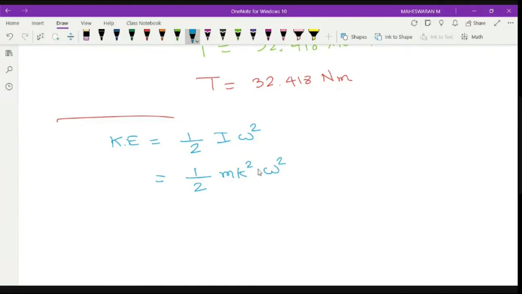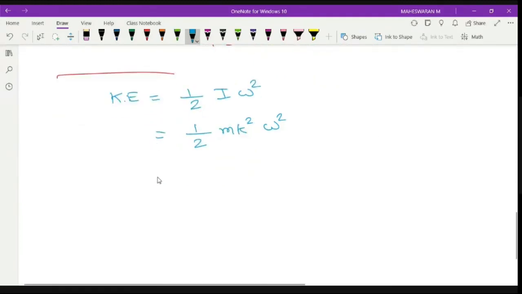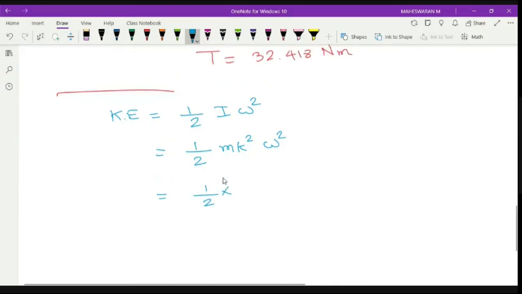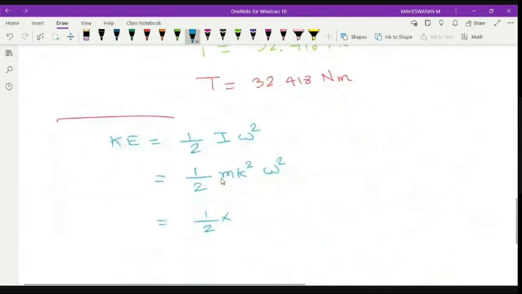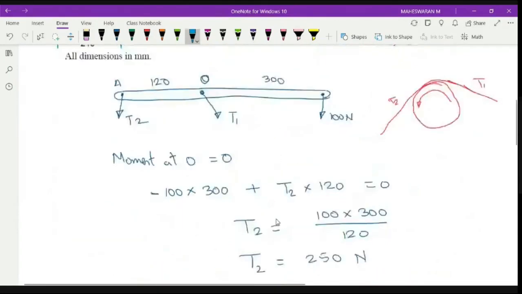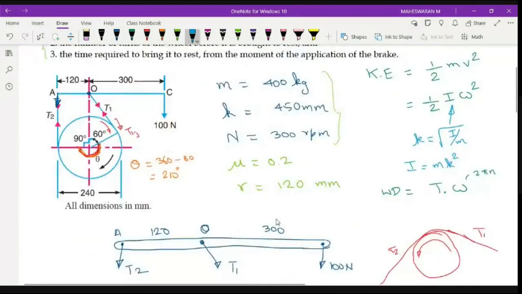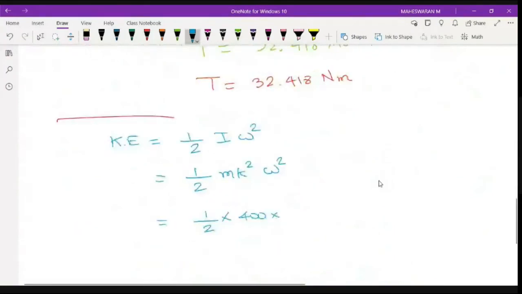Let me substitute: half, mass of my system is 400 kg, into radius of gyration. I am substituting in meter, so 450 mm gives 0.45 square, into omega.